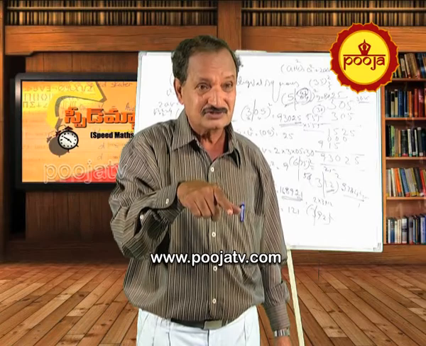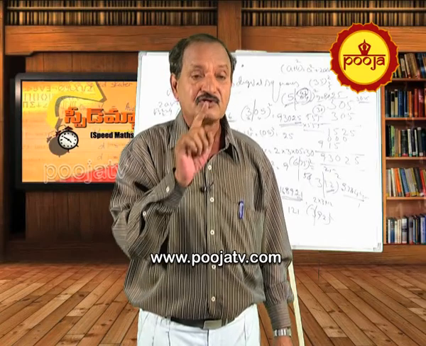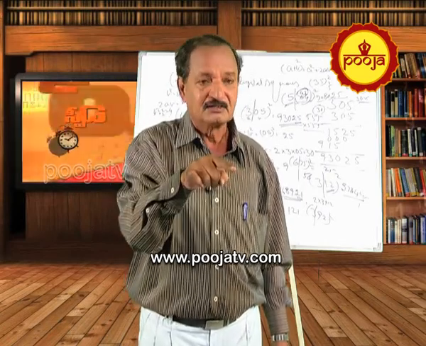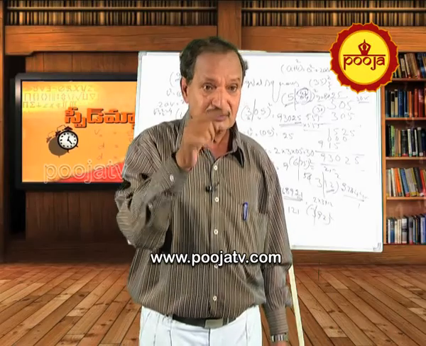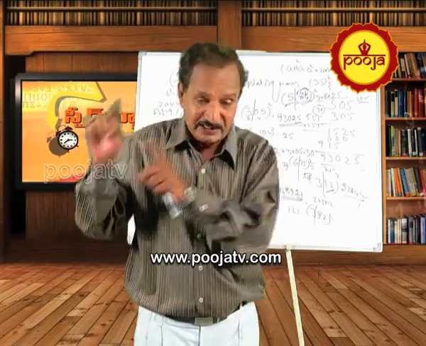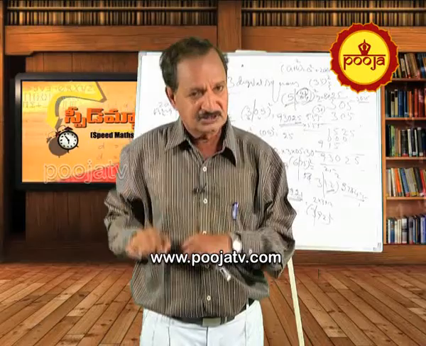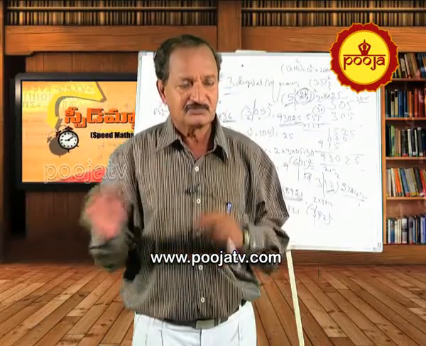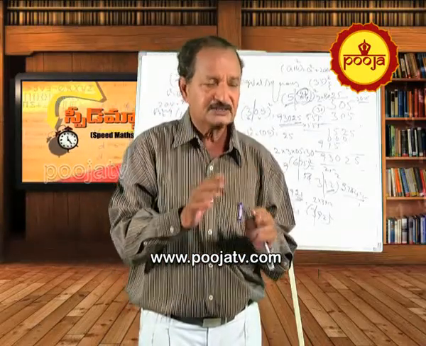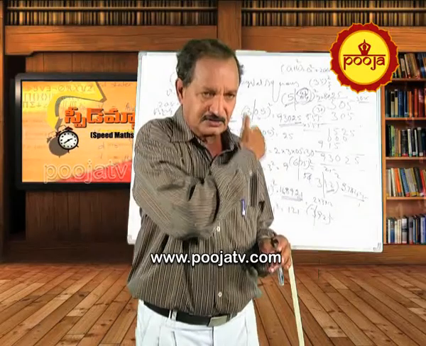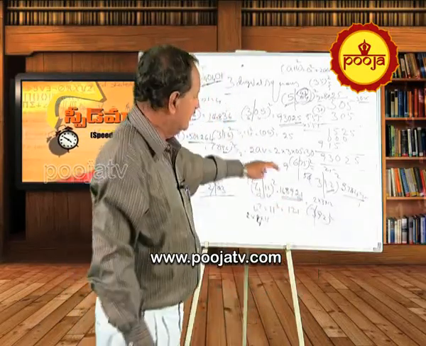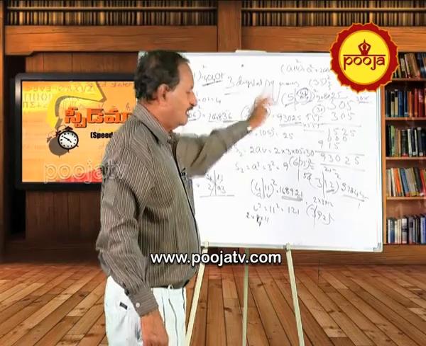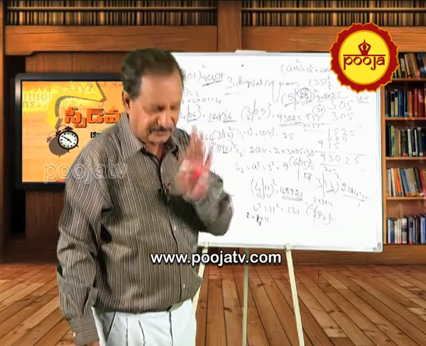If it is 201 square, 1 square is 1, so you have to write it as 01. Suppose if it is 212 square, 12 square is 144, so you write 44 there and take 1 outside to be carried over to the next step. So always you have to take 2 digits when you are operating 3 digits. You give slash like this, and this can be applied when you can square the last 2 digits easily. Thank you.